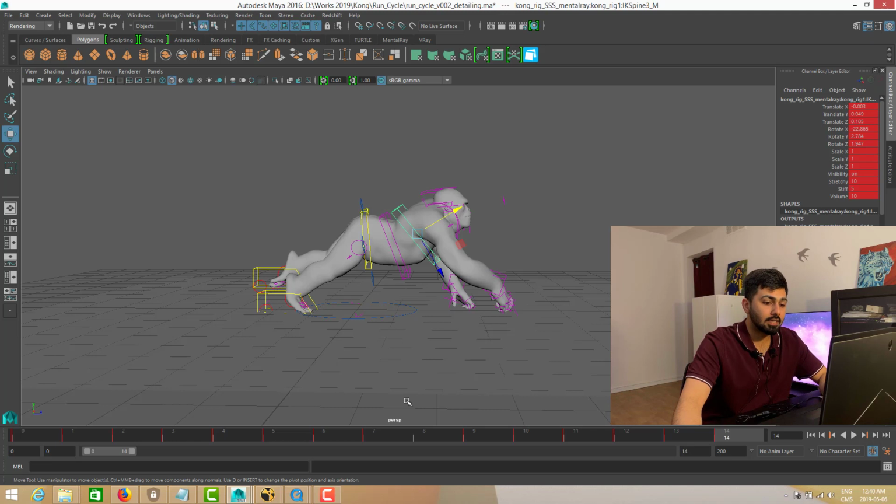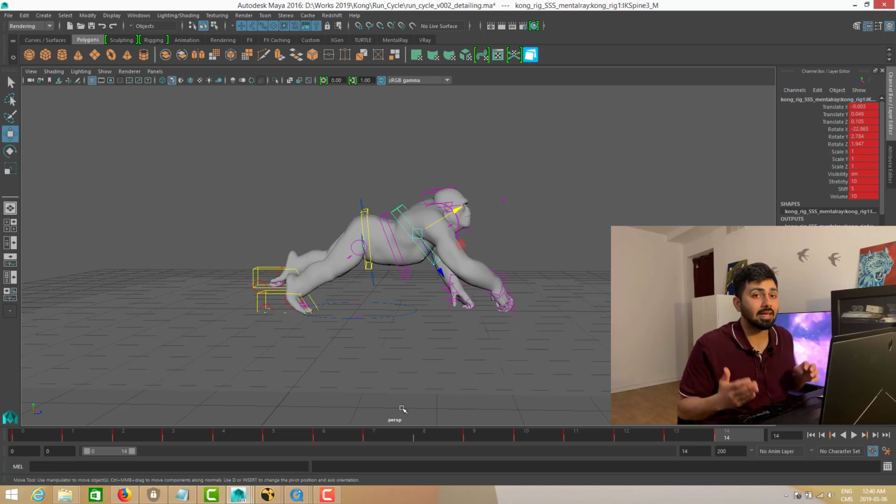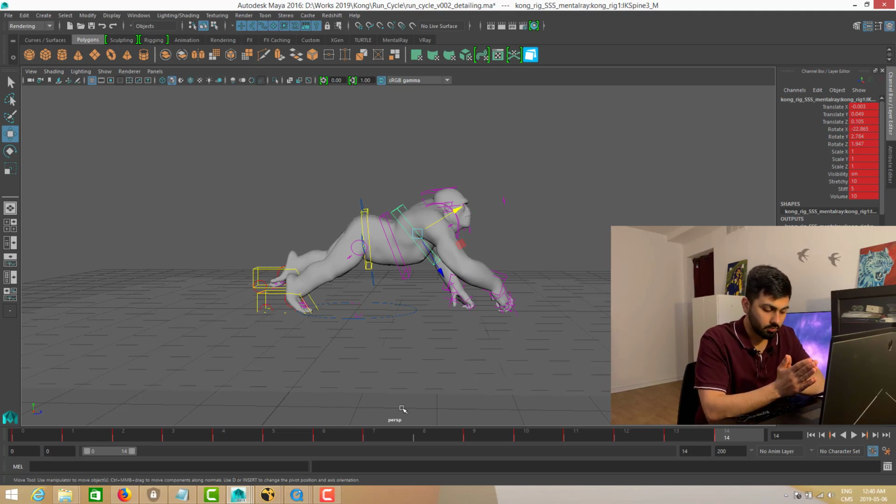I think instead of this I can just upload the whole tutorial of how I made this, but by that I won't be able to explain how the gorilla moves. You guys will see each step of how I'm doing the animation, but you will miss what the gorilla is actually doing.